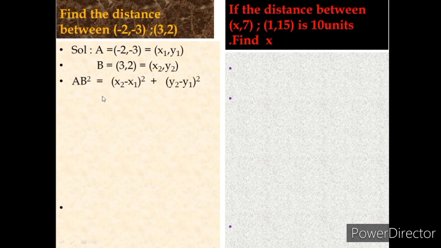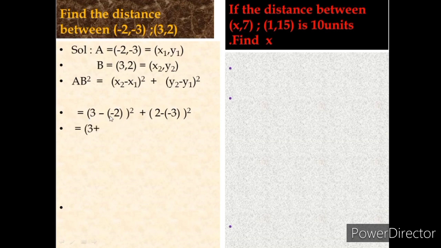You have to read out the formula 3 to 4 times. Thereafter you substitute: here x2 is 3, x1 is minus 2, y2 is 2, then y1 is minus 3, write down minus 3. Then you simplify the brackets.